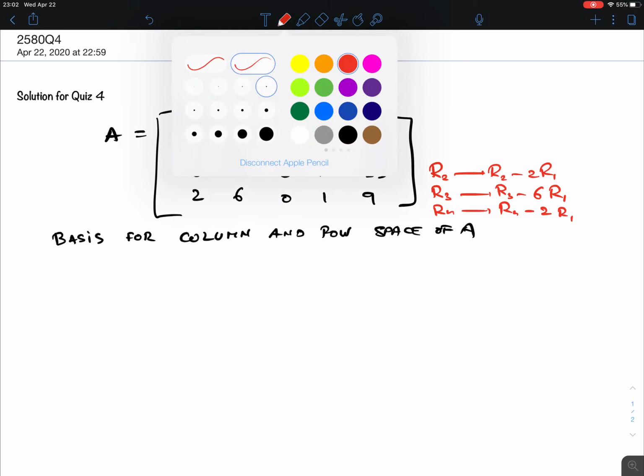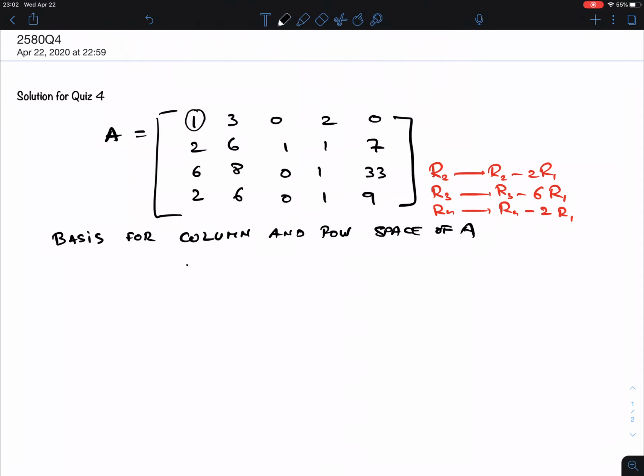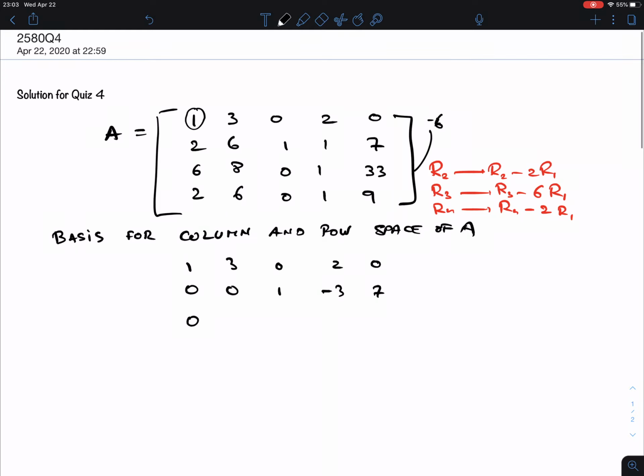So what we get is 1, 3, 0, 2, 0, and then 0, so we're doing this times negative 2 and then add up: 0, 1 minus 4, that's minus 3, and then 7. Now we're going to do this times negative 6 and add it up there, so there's going to be a 0 there. That is minus 18 plus 8, that is minus 10.